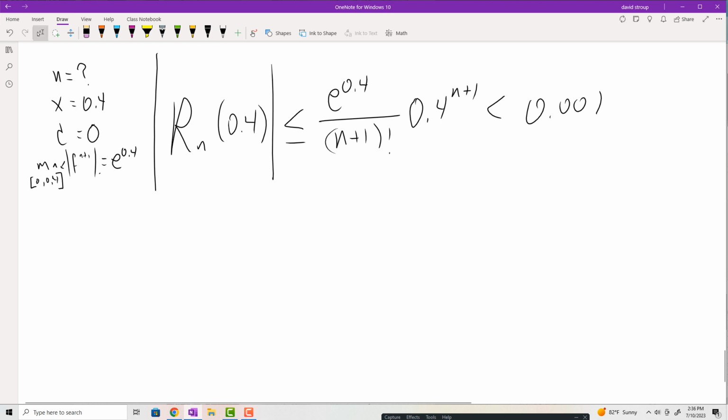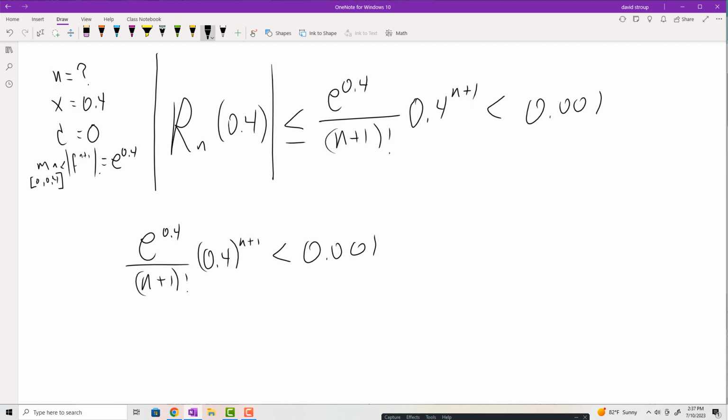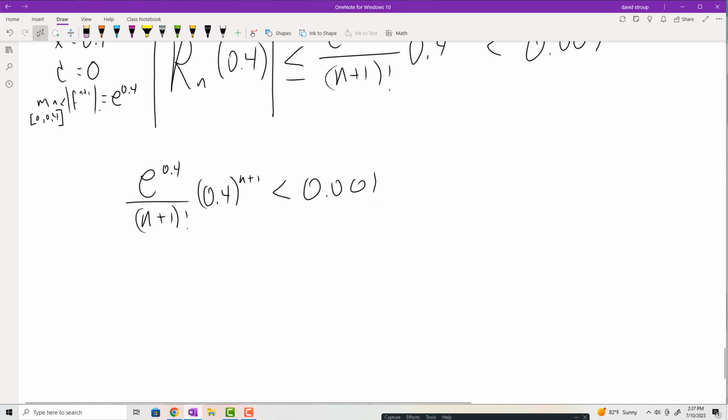So I have e to the 0.4 all over n plus 1 factorial times 0.4 to the n plus 1. I'm not going to be able to solve that inequality, not given the tools I've been given by my university education. So what I'm going to do instead is trial and error, and plug in some n values.